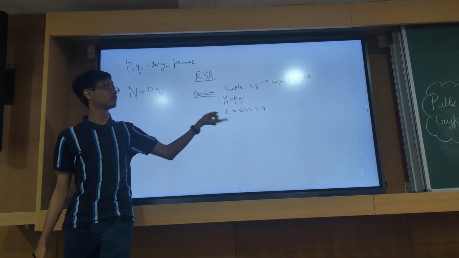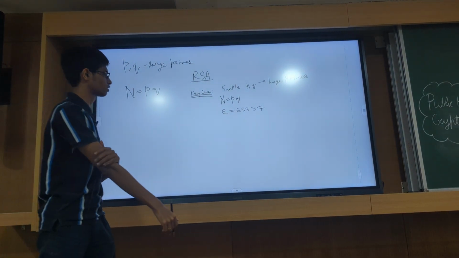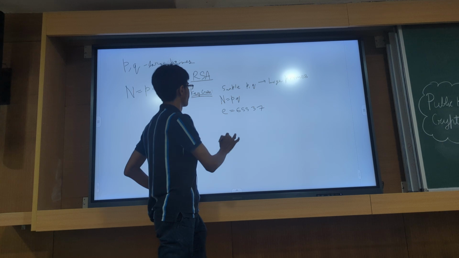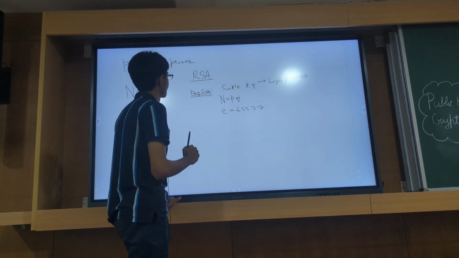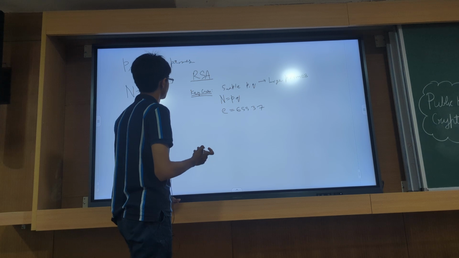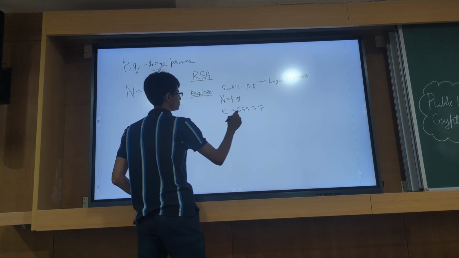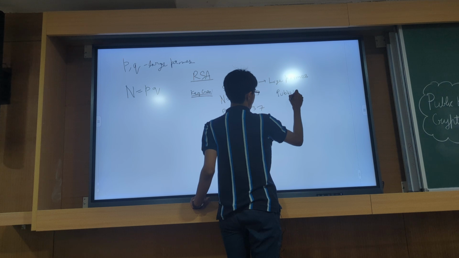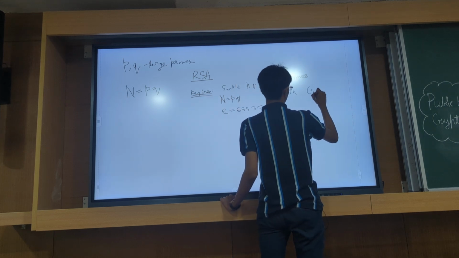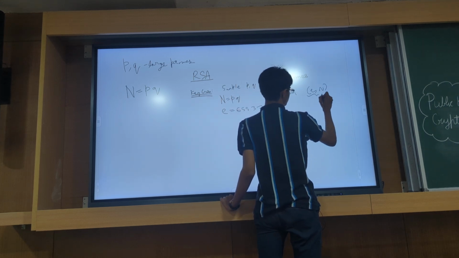I'll come to what the issue is with other values of e. What he does is he publishes e comma n.